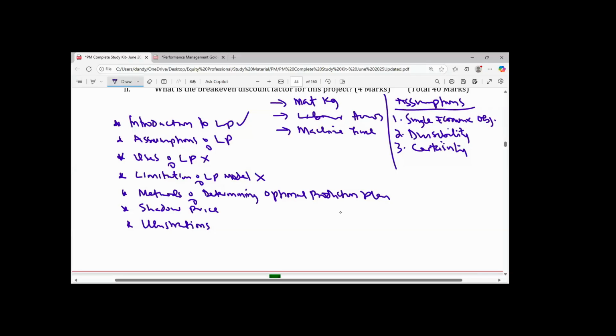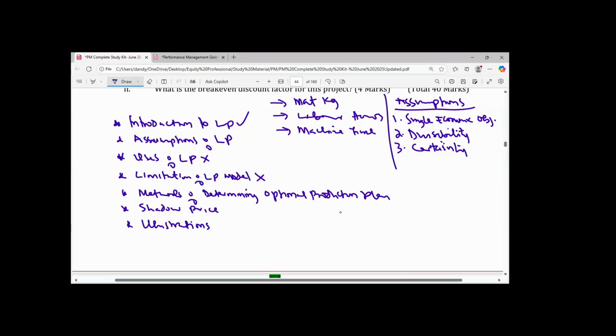I repeat, this states that the factors of production, including raw material kilogram, machine hour, and labor hours required for production of the company's final products must be known in advance and with certainty.